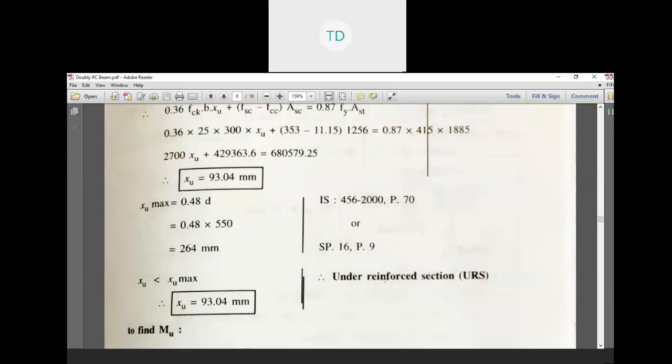Put the values of C1 Z1 and C2 Z2 in this equation, and after solving all this data we get 343.03 kilonewton meter. And this is our simple analysis example.